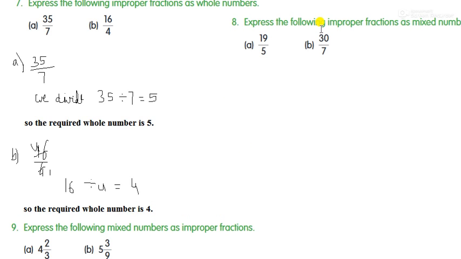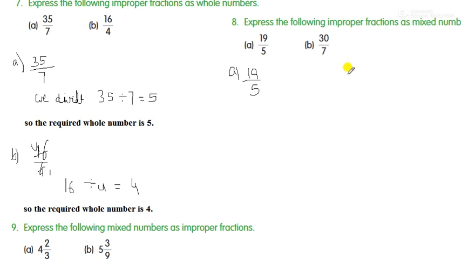Next, express the following improper fraction as a mixed number. Here 19 by 5. So here they have given the improper fraction. We have to convert that into a mixed number.